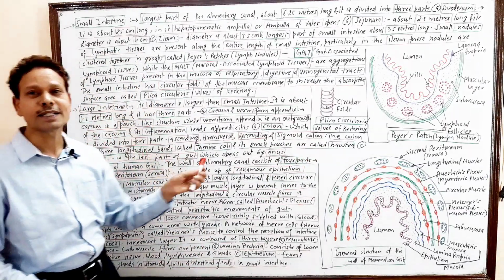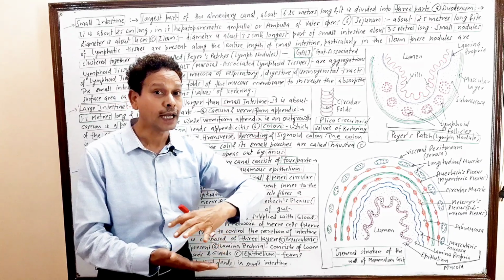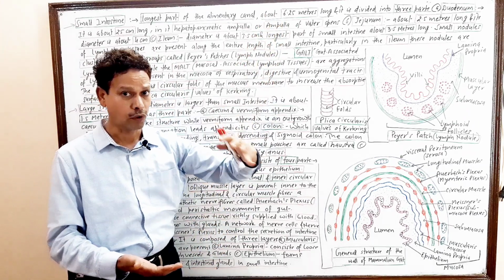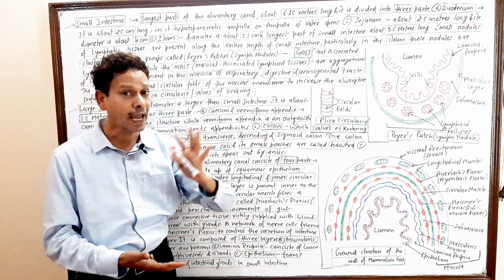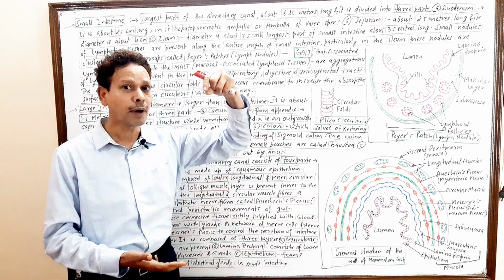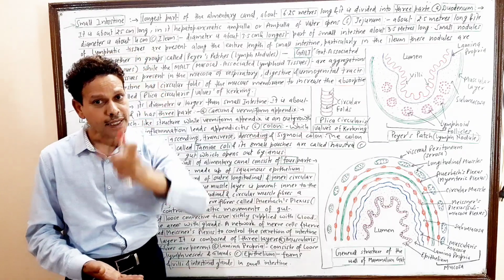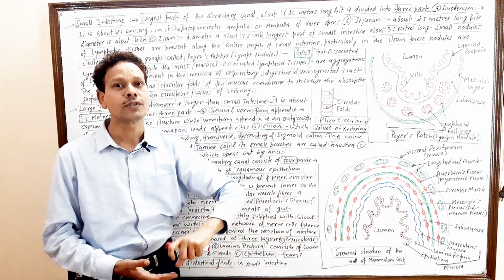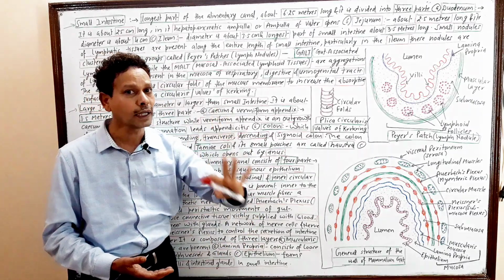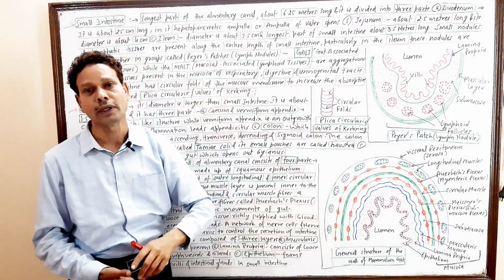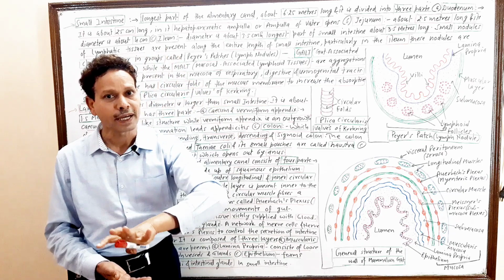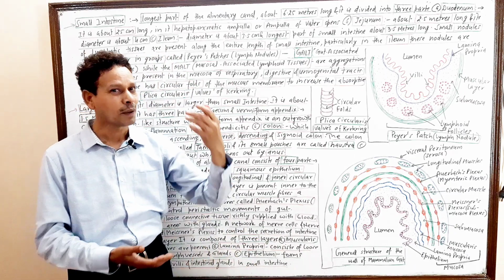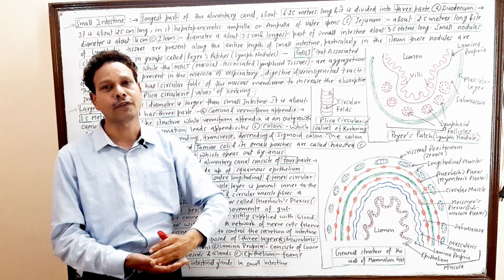The second part of large intestine is colon. Colon is the largest part. It has ascending part, transverse part, descending, and last sigmoid colon. It means the colon is divided into four parts: ascending colon, transverse colon, descending, and sigmoid colon. Particularly note another important question for NEET students.